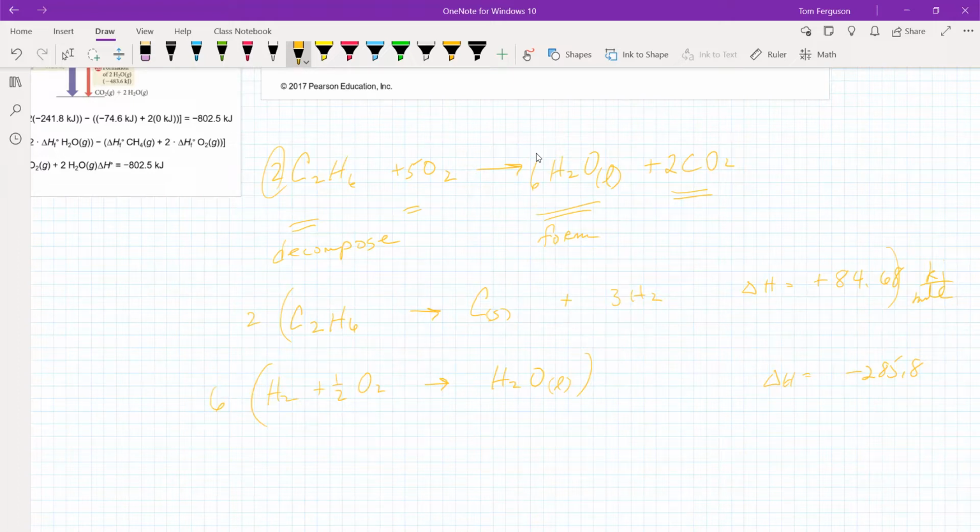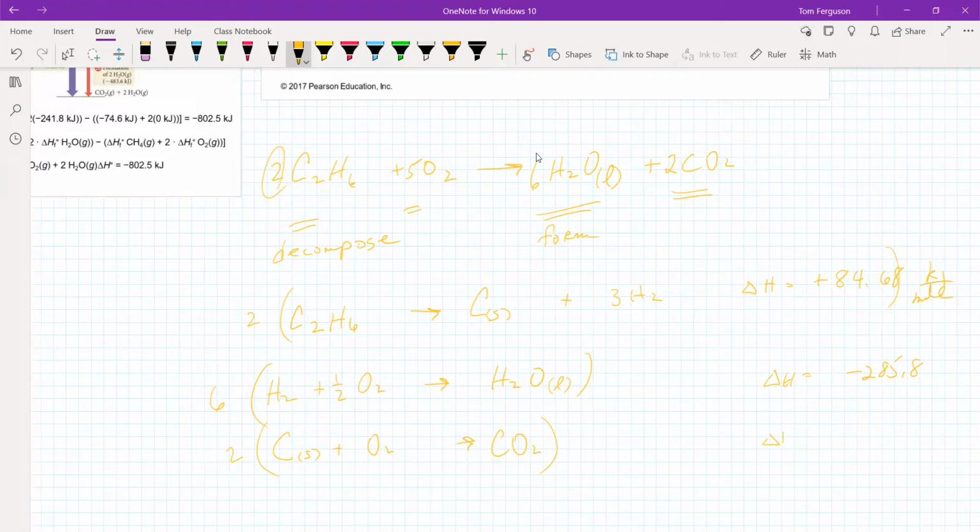Let's see, what do we have left over here? Carbon dioxide. It's going to be only 2 of them.